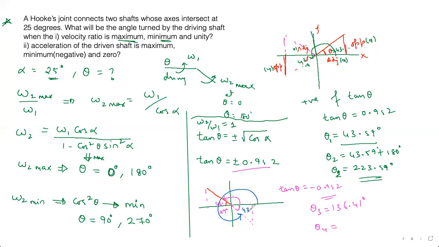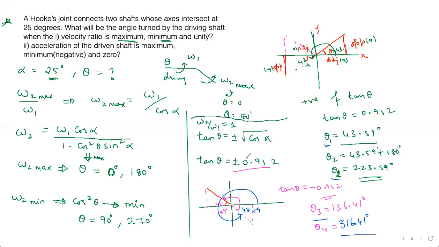So 360 minus 43.59 will give you 316.41 degrees.